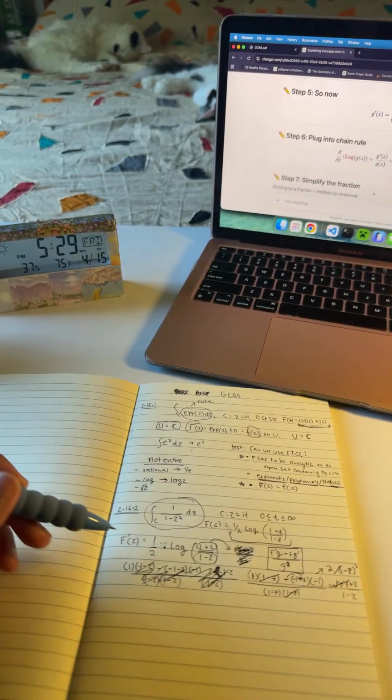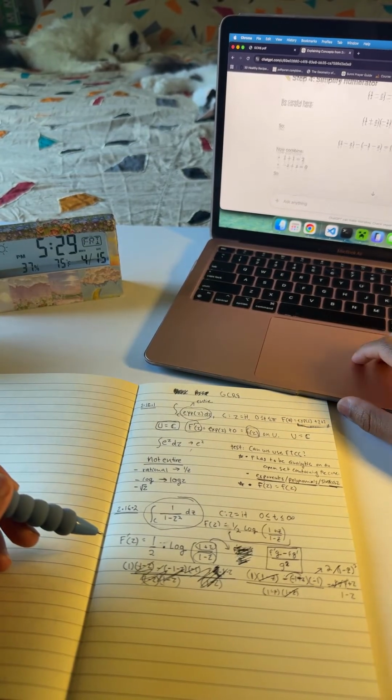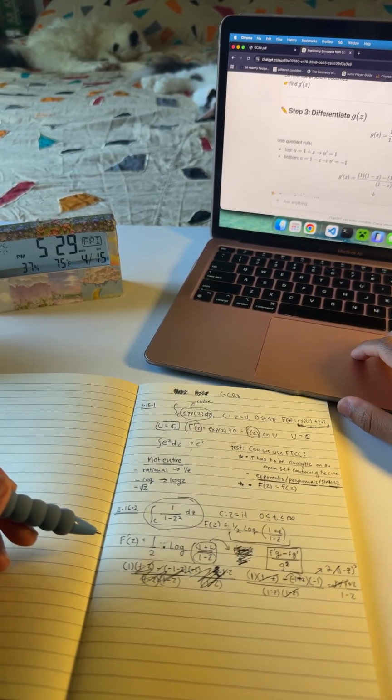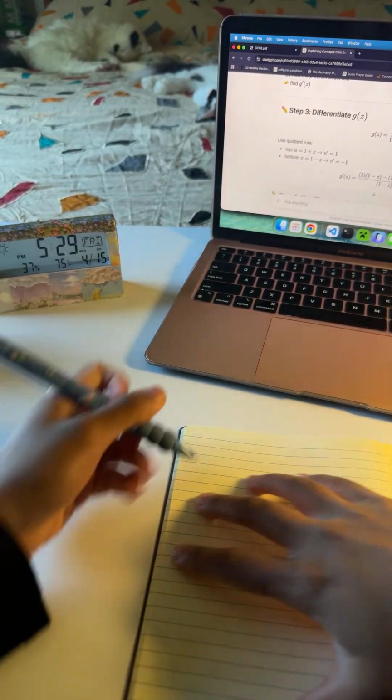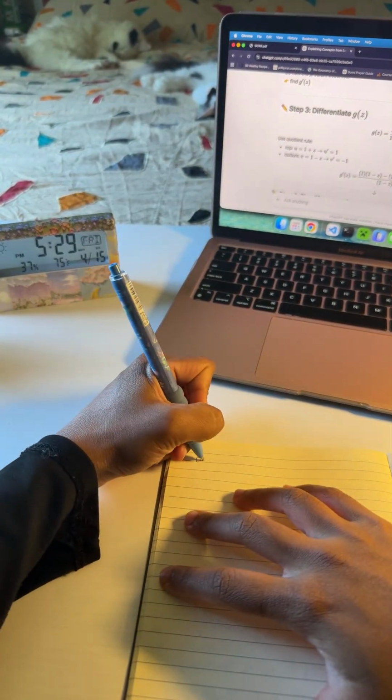Trying to see how I did this, but I forgot. Like the steps are so unclear. I'm spending way too much time on this.